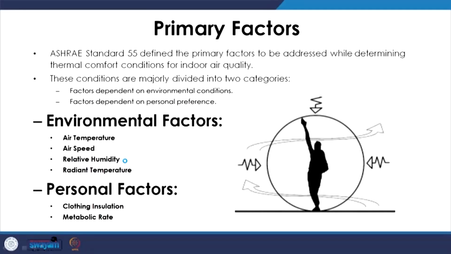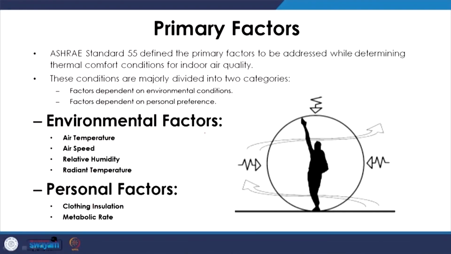Now, whether it be a fixed defined thermal comfort or adaptive thermal comfort, there are some factors which help us assess whether the given condition is thermally comfortable or not. There are some primary factors which determine thermal comfort, and they can be clubbed in two distinct categories: environmental factors and personal factors.